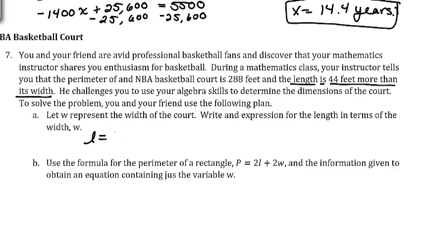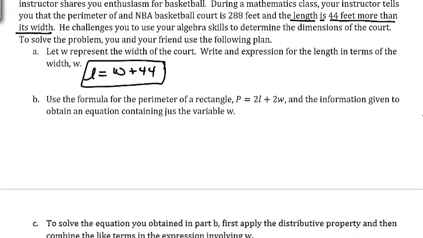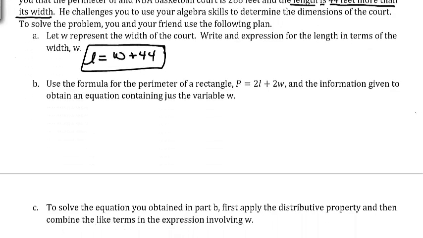That means the length is 44 feet longer than the width, so that would be W plus 44. That gives us an expression for the length in terms of the width, W.